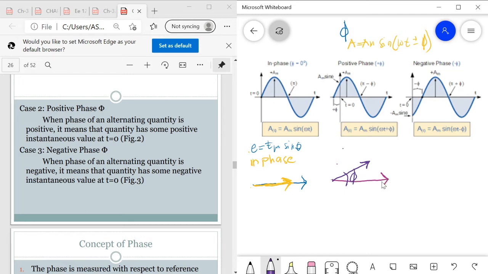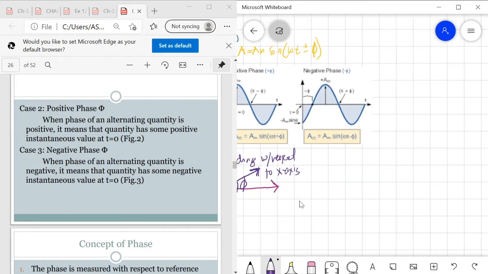Okay? So, the term here will be leading with respect to x-axis. Leading, mas nauna kesa kay x-axis at a certain angle phi.